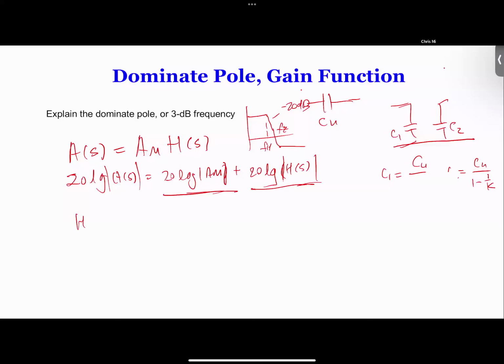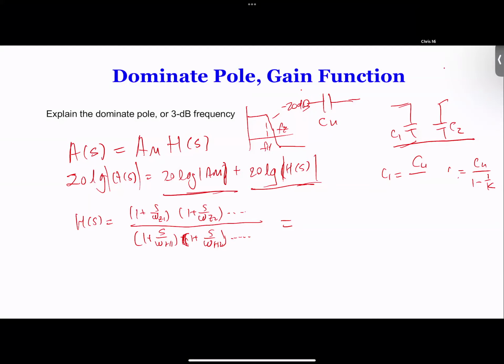So the generic equation becomes something like this: 1 plus S over omega_0,1, times 1 plus S over omega_0,2, and you can have many. And at the bottom, you can have many poles too, as many as 5, 6, 7 poles and 5, 6, 7 zeros.